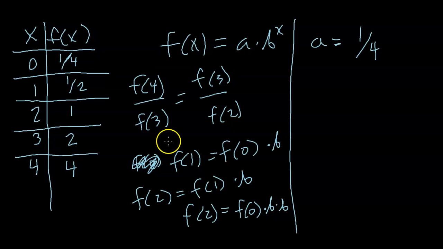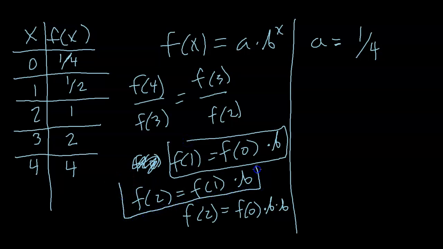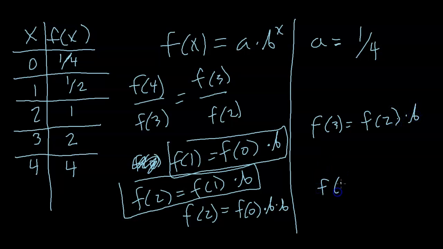But anyway, the important part is recognizing why this is true, right? f of 1 equals f of 0 times your common ratio. f of 2 would equal f of 1 times your common ratio. And how would you figure out f of 3? Well, it would equal, for example, f of 2 times your common ratio, right?